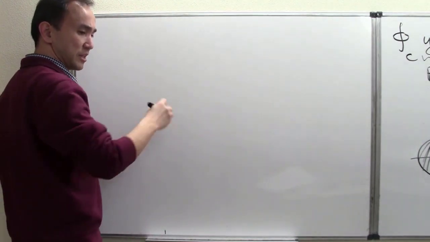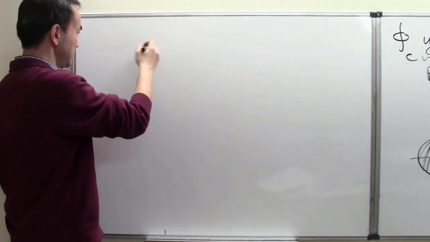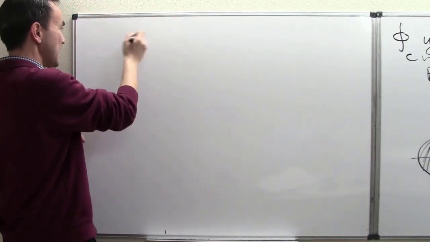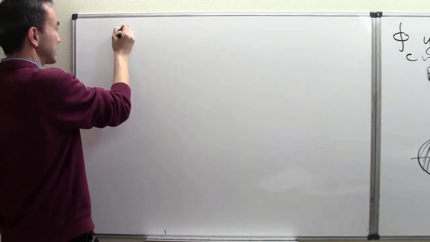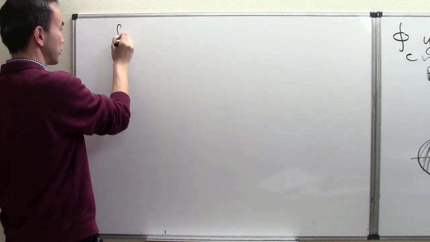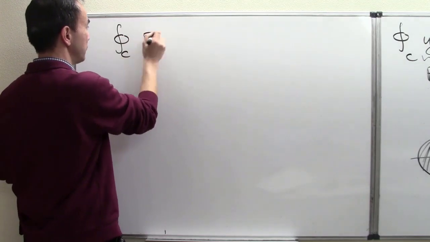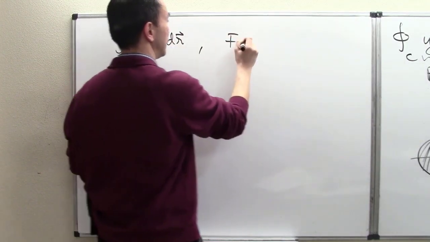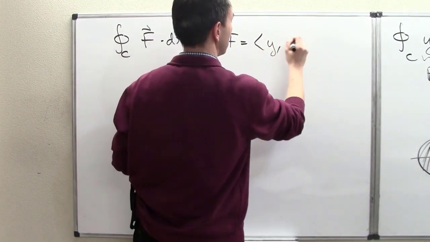Think about it: it was done very quickly because, again, I have shown that problem earlier. The same line integral along this simple closed curve, and our vector field was y, comma 2x.